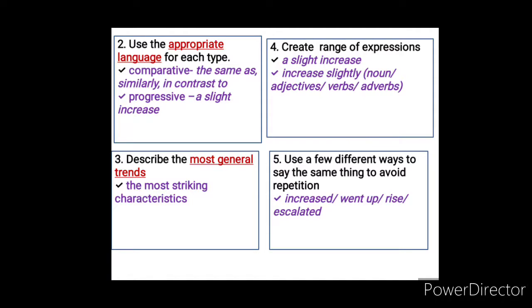Use a few different ways to say the same thing to avoid repetition. Why use the same word again and again? So you can make it a little interesting by using different words or looking for different ways to express the same thing. So this way you will be able to avoid repetition, right?